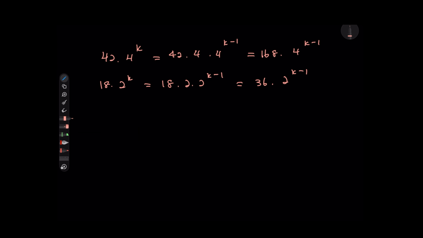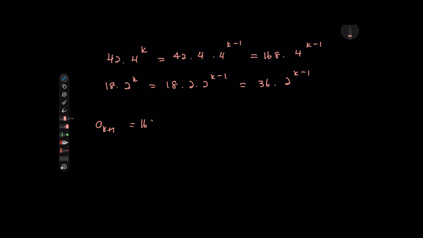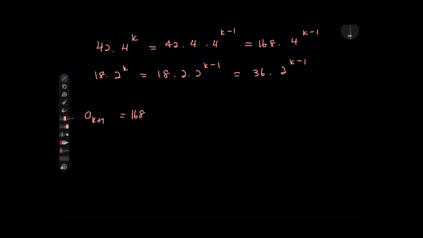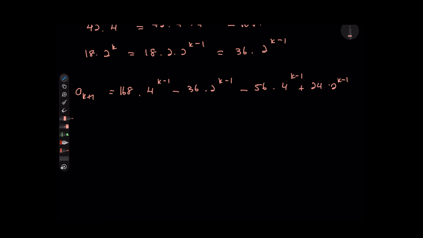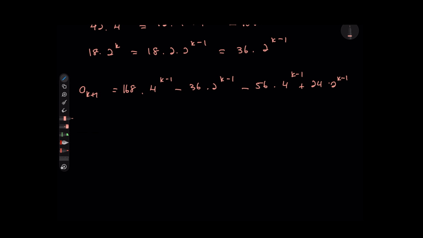And then I would have taken this and rewritten it inside my new a_(k+1), which is 168 by 4 to the power of k minus 1 plus 24 by 2 to the power of k minus 1. So now I have all the powers in terms of k minus 1.